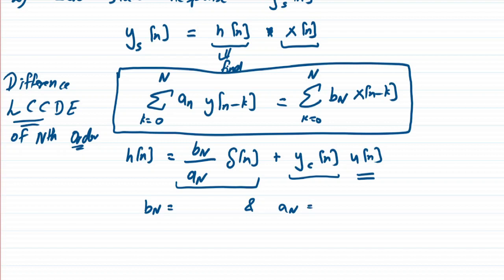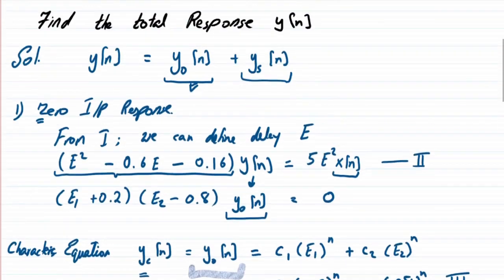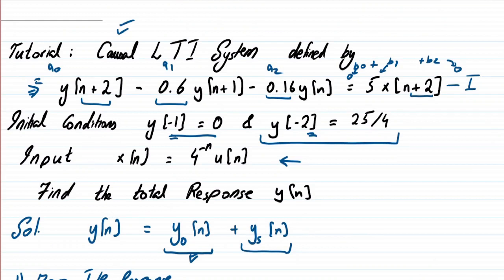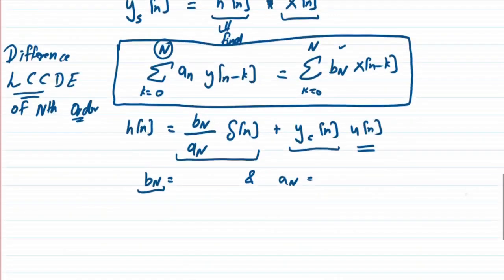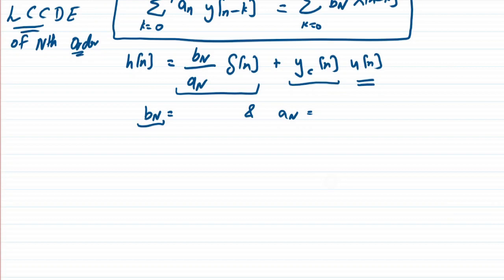Now over here this a_n is the nth value, that is the last coefficient, and similarly b_n is the last coefficient. So let us look into a_n. What is a_n? Our a_n is basically a2, and that has a value of minus 0.16. So a_n is minus 0.16.